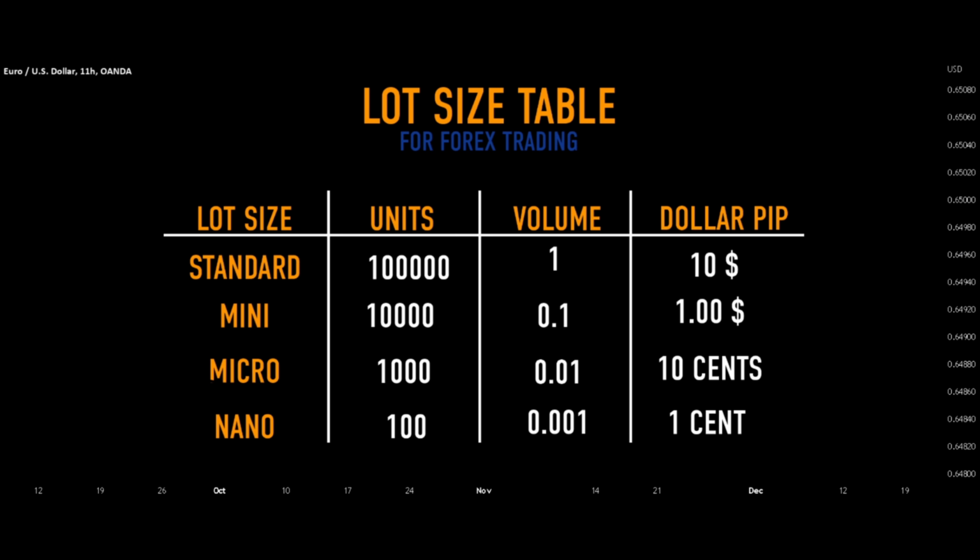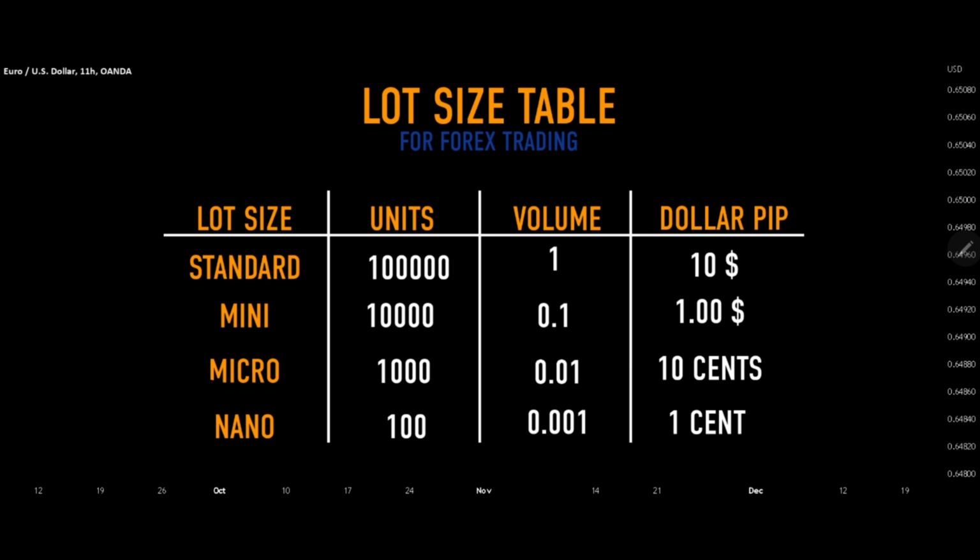So micro lot means you are purchasing 1,000 units of that currency pair, right? Mini lot starts from 0.1 to 0.9. Standard lot just starts from 1. So we have 1 standard, 2 standard, 3 standard, and all the rest.